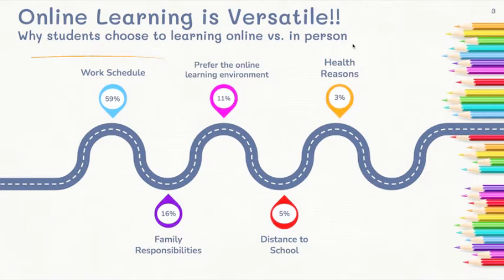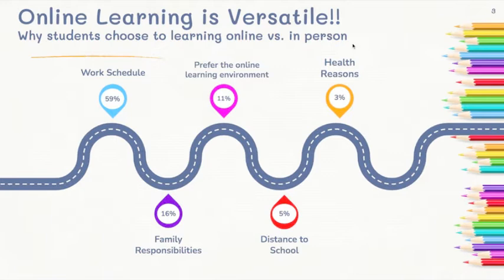So that's a big reason that I chose online learning for grad school, because I needed to be able to work, and a lot of classes did not work time-wise along with my schedule. 16% goes along with family responsibilities.